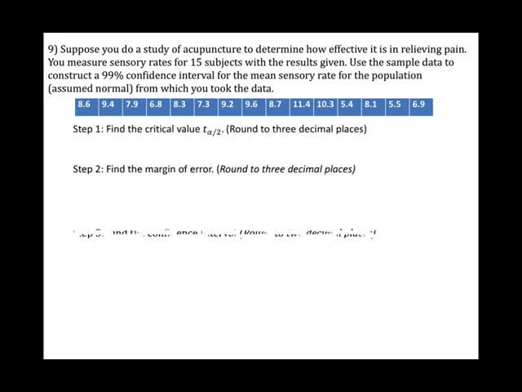So this time they give you the data set instead of the statistics summary. So first, find the critical value. Since they give you the data, you don't have the population standard deviation. From the sample data, you can only get the sample mean and the sample standard deviation.